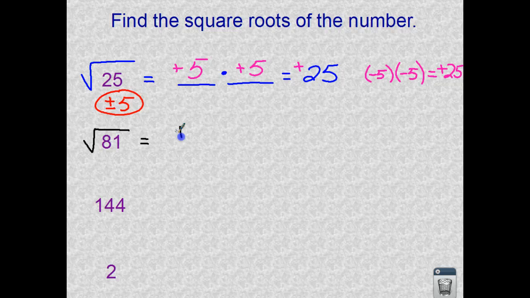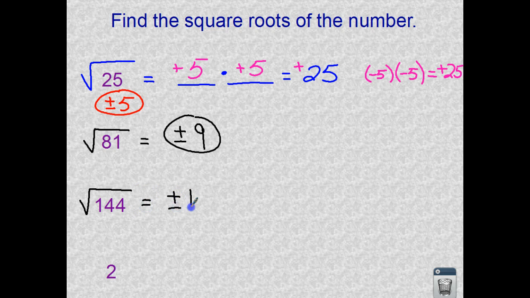So the answer is positive and negative 9. All right, 144 is also on the perfect square list. The square root of 144 is equal to positive 12 and negative 12.